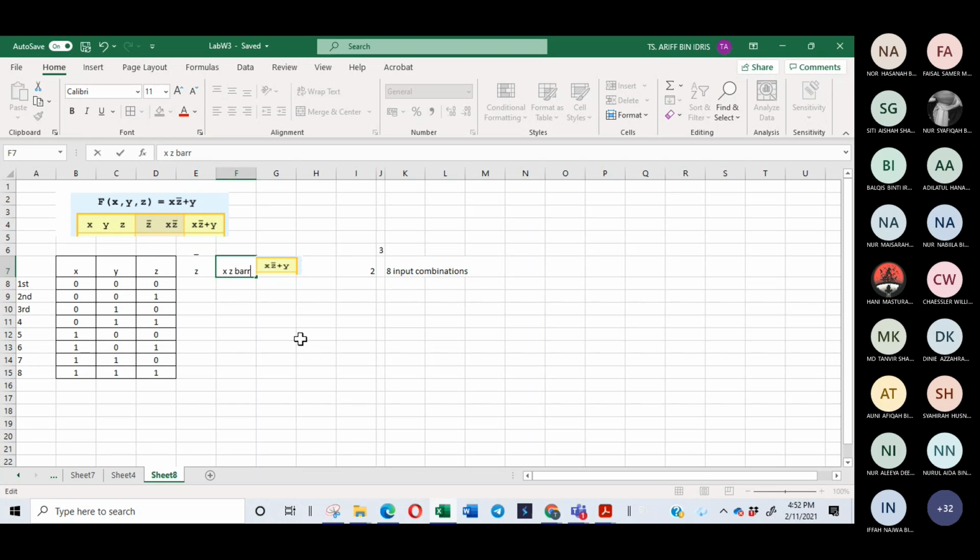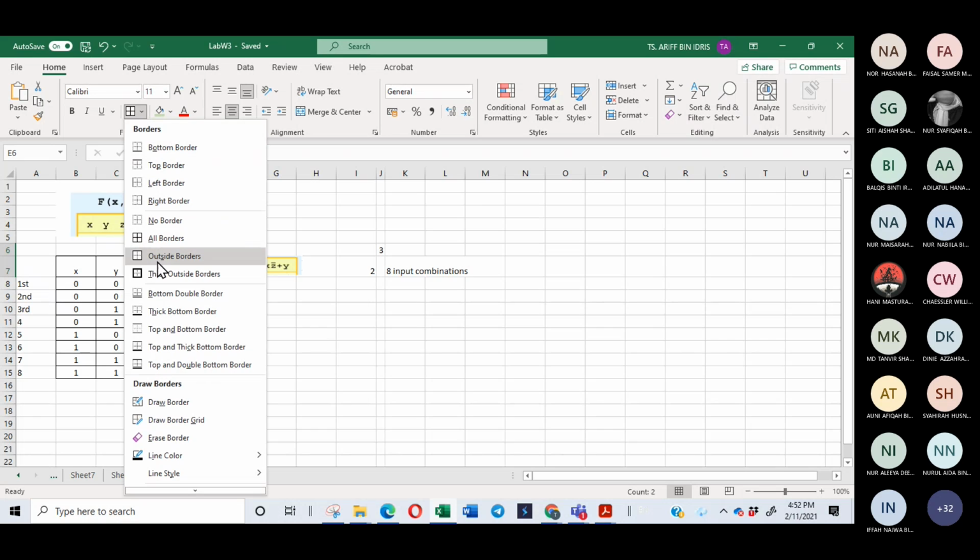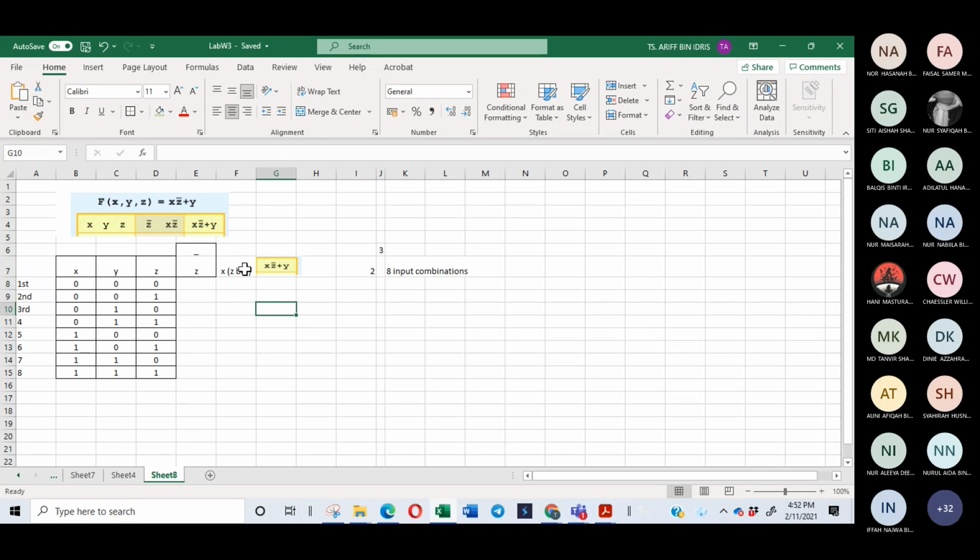So this one is x z bar. So this is one box, and this is the output.